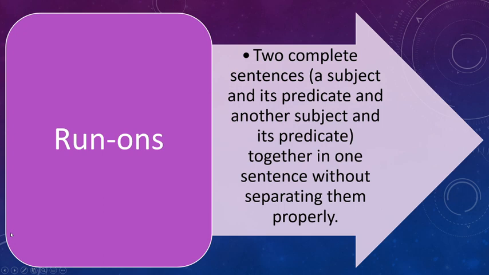Next we have run-ons. Run-ons have the opposite problem. These have too much information. As we can see in the definition, it's two complete sentences, a subject and its predicate and another subject and its predicate, together in one sentence without separating them properly.